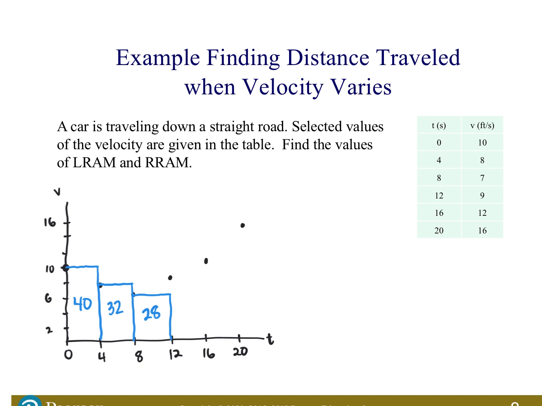Now I'm going to need to go up a little higher and straight across. Again, I'm working left to right. That had a base of 4 with a height of 9 this time, so that would be 36. And then left to right, that had a base of 4 with a height of 12, so 48.